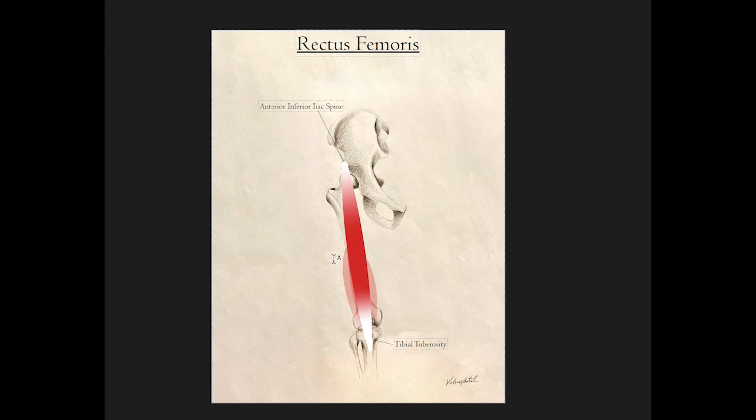Now, another thing I want to point out is that the rectus femoris is the only one out of the 4 quadriceps that, in addition to crossing the knee joint, also crosses the hip joint. It crosses anterior to the hip joint. So because of that, the rectus femoris is also capable of producing or assisting with flexion of the hip.